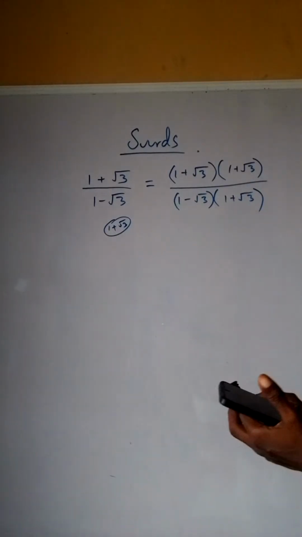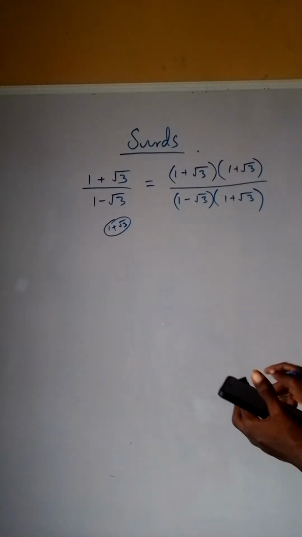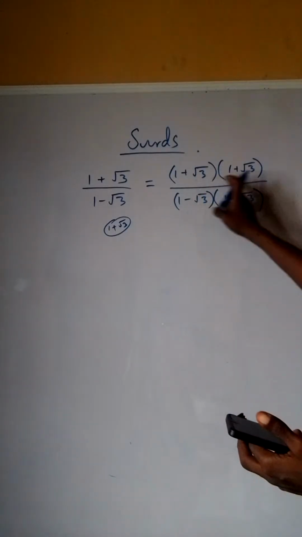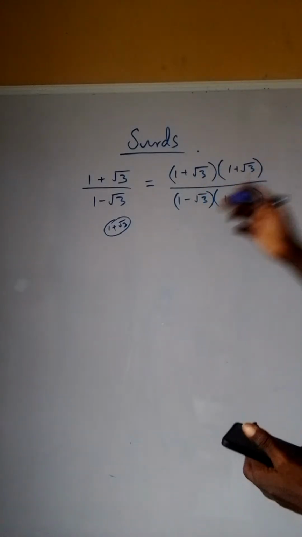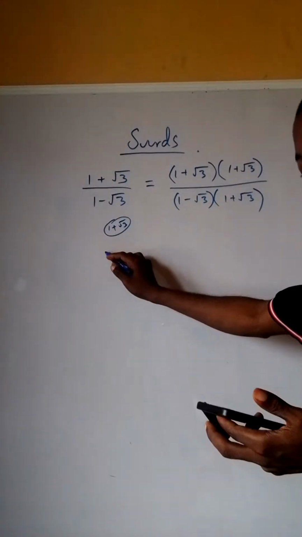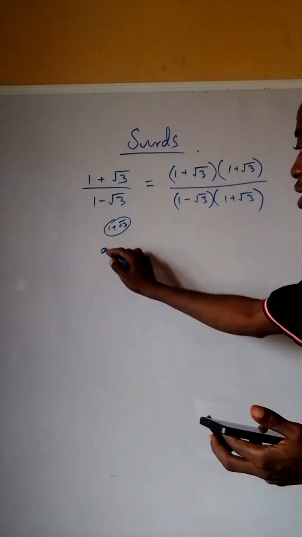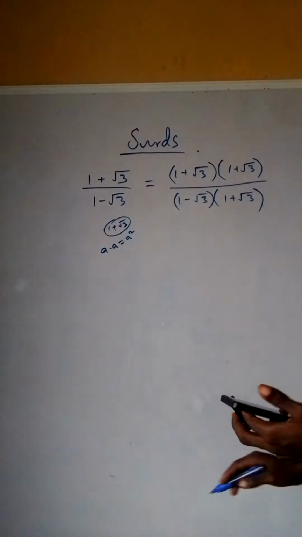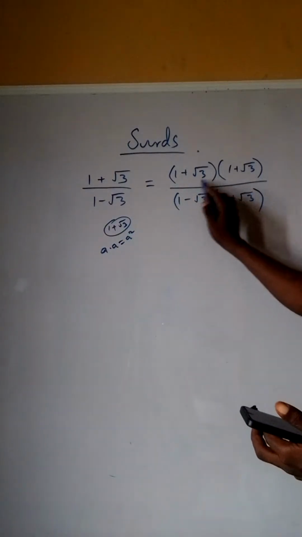Then here we expand these brackets. That is, these two brackets follow when we have same thing multiplying. For instance, we have a times a. This can be written as a squared. And here we have same thing here.